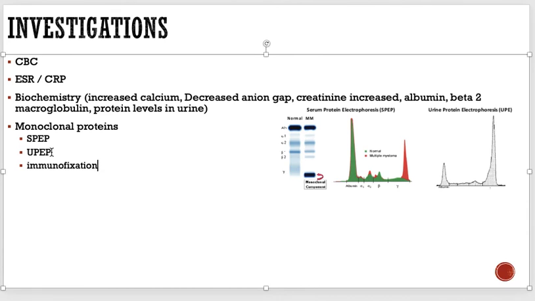Okay, I'll leave that. Actually, I was trying to find something. Immunofixation is basically to identify the immunoglobulin type, and it can also identify which light chain is there.